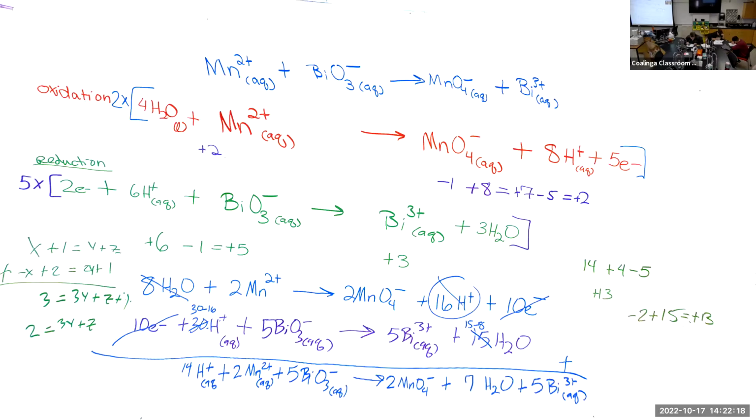And then bismuth, you need to put 5 in front of it. Right here, in front of it. Coefficient. Okay. Then you go to Mn and you put the arrow. Put it in front of that. And bismuth.